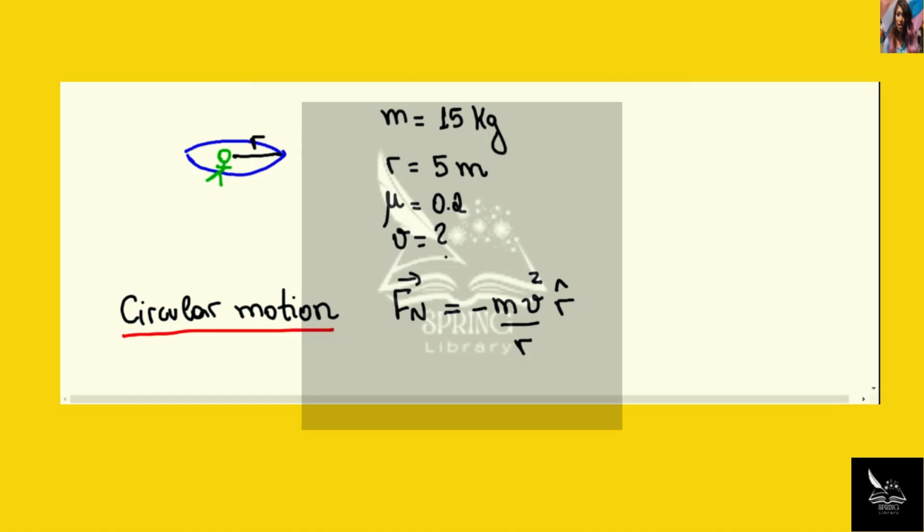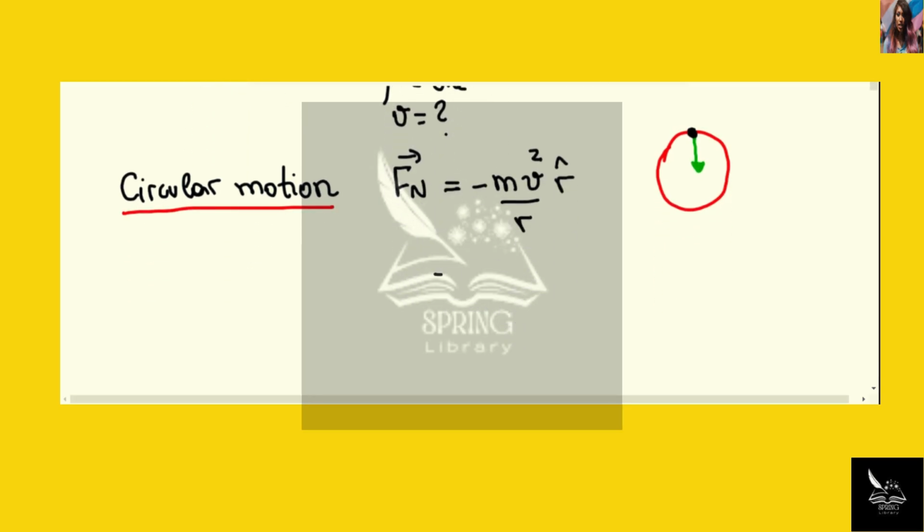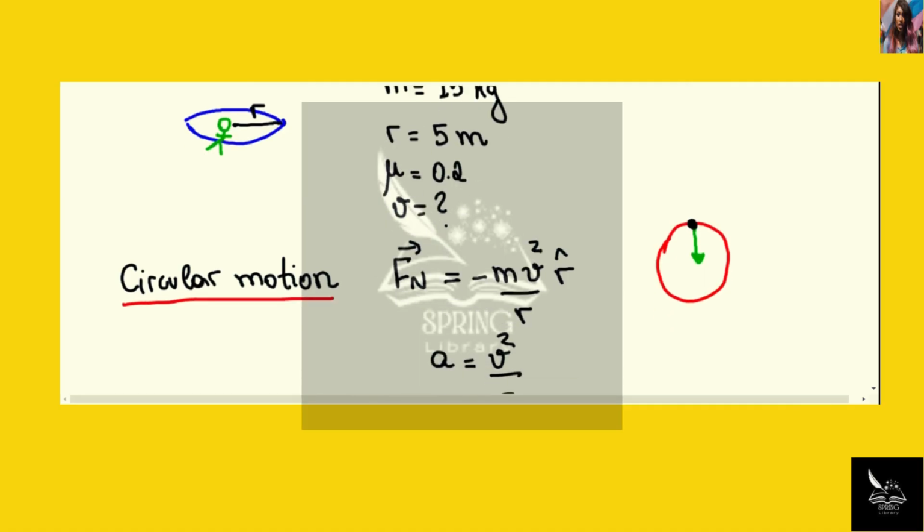So basically, if a body is rotating in this path here, at this point that I'm showing in the picture, the acceleration and thus the force will be pointing inwards. Okay. Notice that the magnitude of the acceleration is v squared over r. And this is what we need to know in order to solve the exercise.